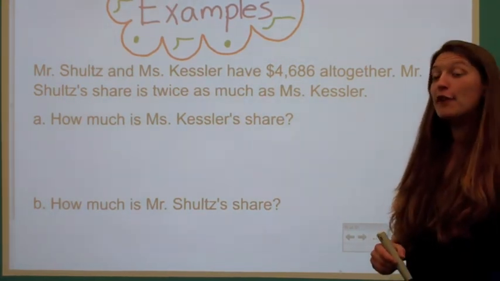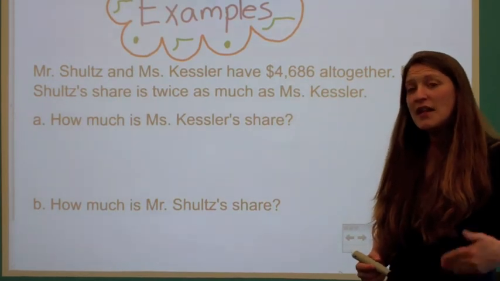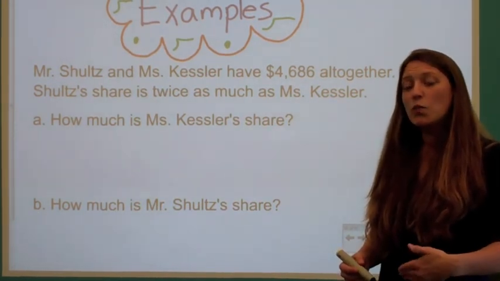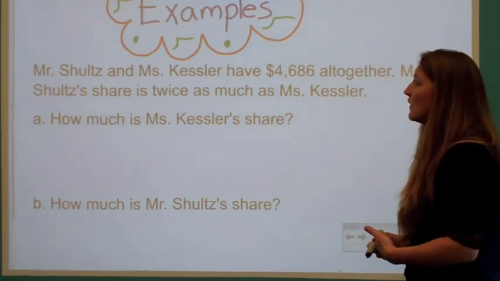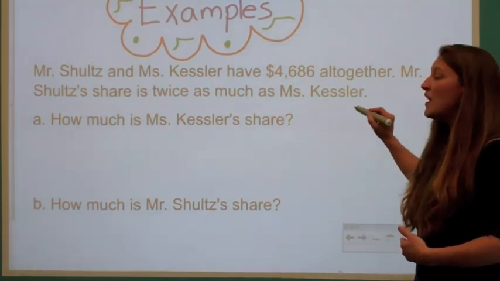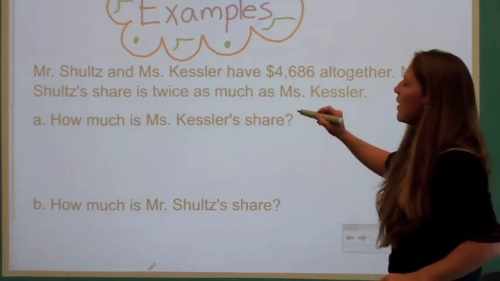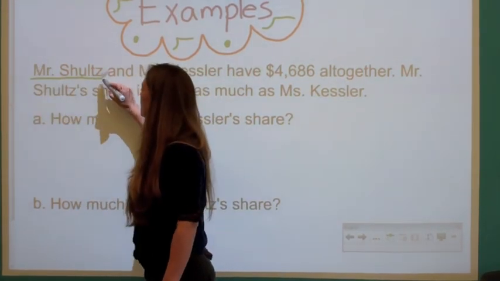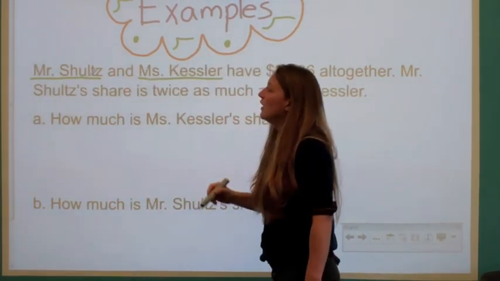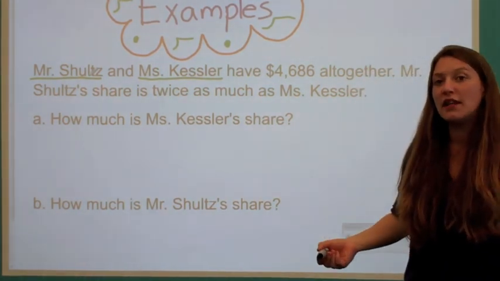Okay, so that was my first step. I read the problem fully. Now the second step was to underline what we already know. So let's go through and see what we know already, what the actual word problem tells us. So the word problem tells us that there are two people, right? Mr. Schultz and Miss Kessler. And we have a certain amount of money all together.